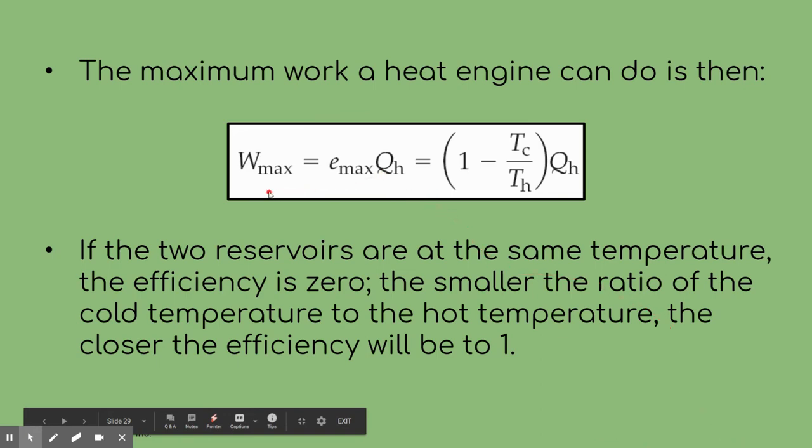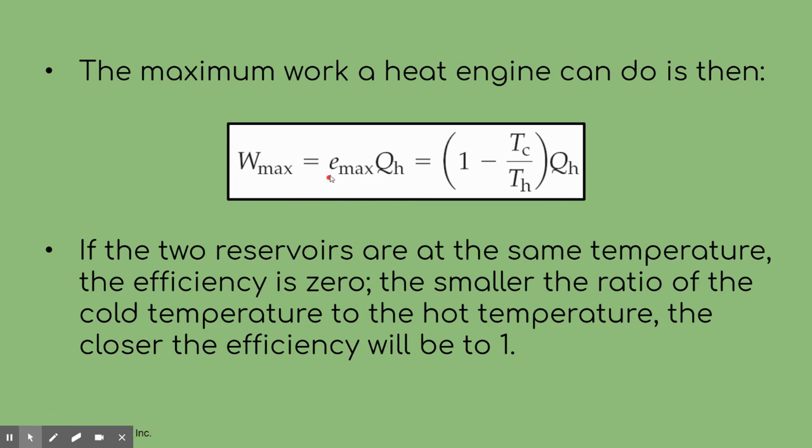So this means that the maximum amount of work that a heat engine could do is this. It's the maximum efficiency multiplied by the heat supplied by the hot reservoir, or making a substitution, it would be 1 minus the cold temperature divided by the hot temperature multiplied by that QH.